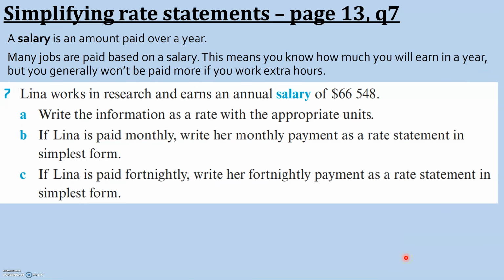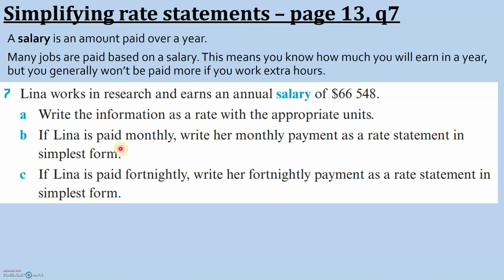Alright, there's a lot of different ways to be paid, and one of them is a salary. Salary is when you get paid an amount over the year. That means that the amount you earn in that year is basically fixed, but if your job requires you to work extra hours, you don't get paid for those extra hours either, most of the time.